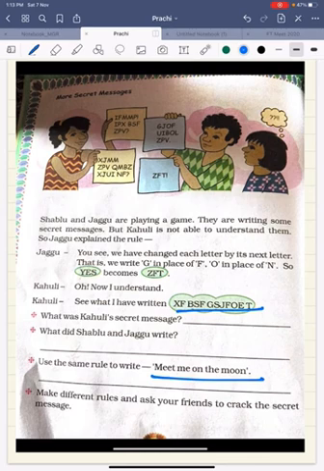So what they are doing, these children change the rule again. What rule are they following? They are writing like yes, they have to write.